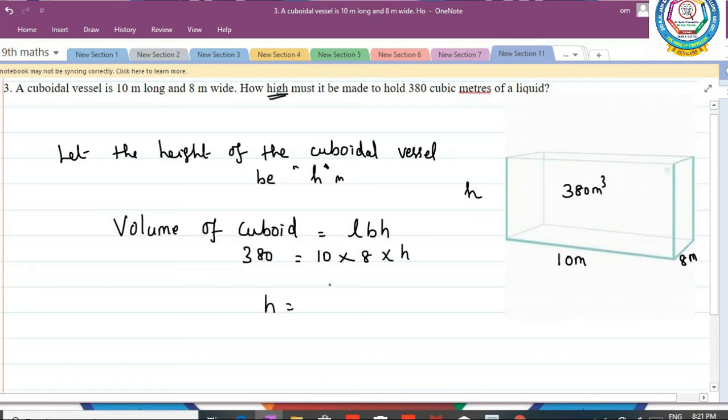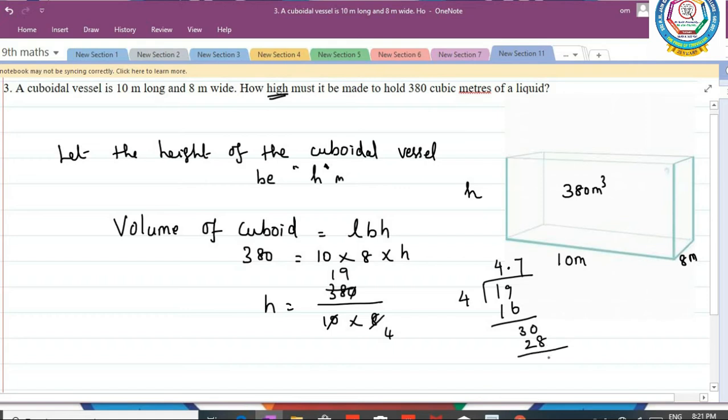Therefore h is equal to 380 by 10 into 8. Here 0, 0 will cancel. I am using 2 table 4 times. Here 1 2s are 2, 9 2s are 18. So we have to convert it into a decimal. 19 divided by 4. Here 4 4s are 16. Remaining 3. We have to put point and 0. 7 4s are 28. Remaining 2.